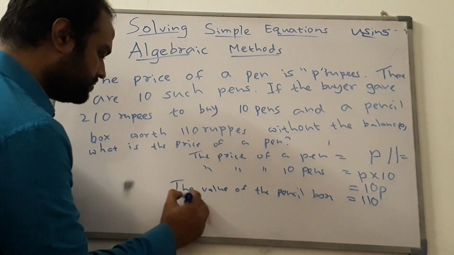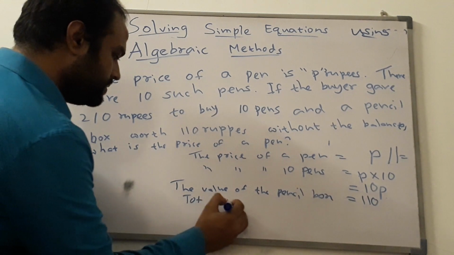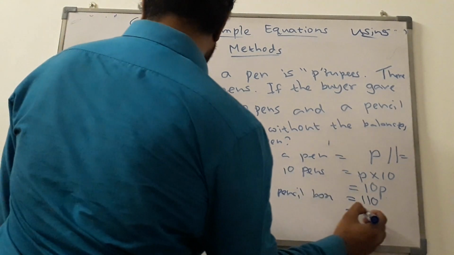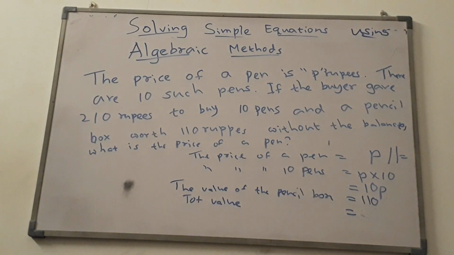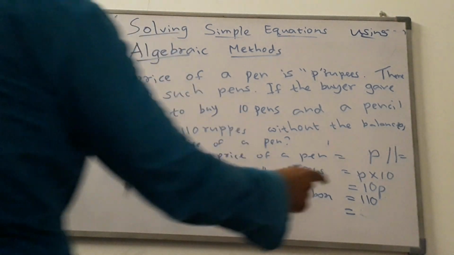The total value can be written like this. The price of a pen is P. The price of 10 such pens means 10P. The value of a pencil box means 110.